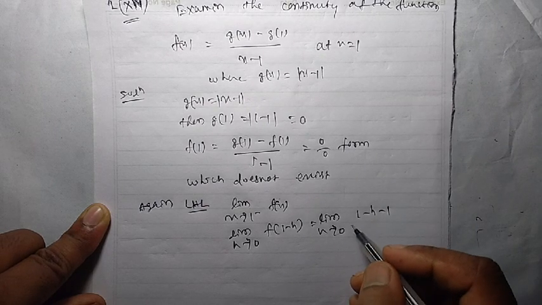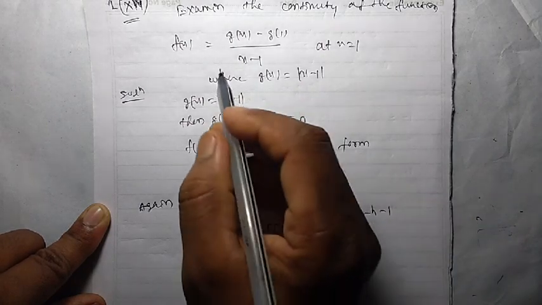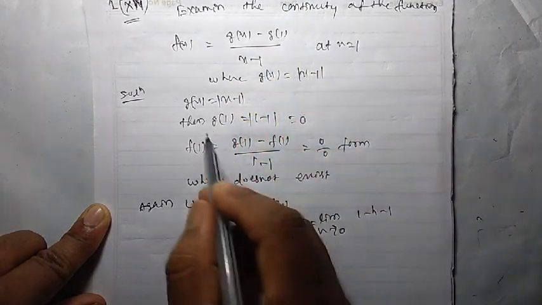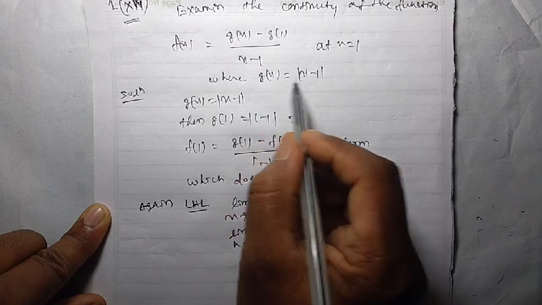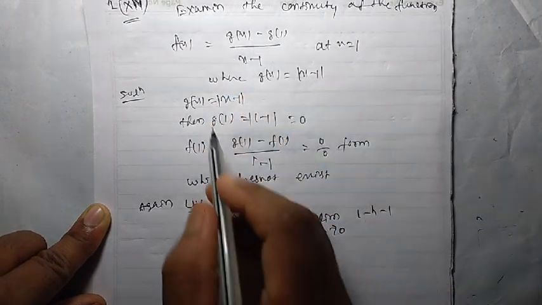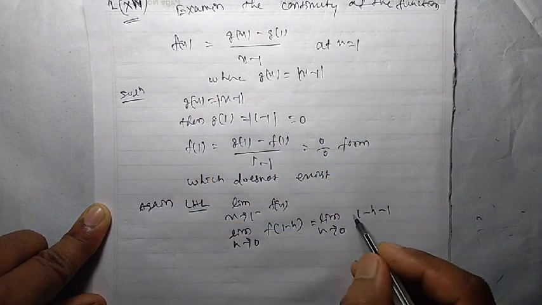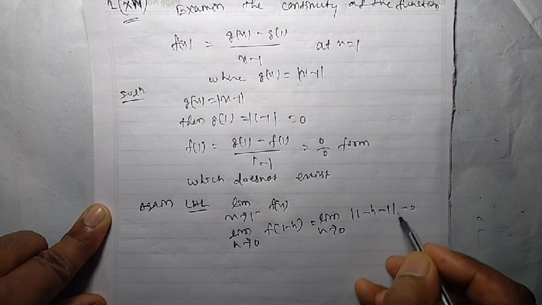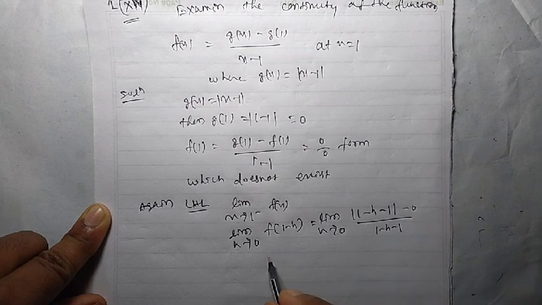G of 1 is already 0, and g of x is mod of x minus 1, so this is mod of 1 minus h minus 1 minus 0 by 1 minus h minus 1.